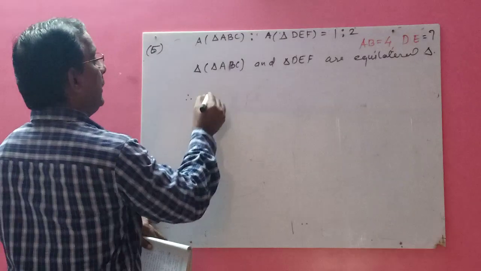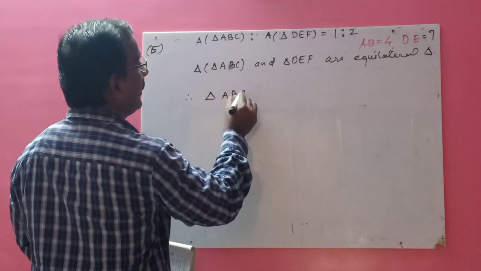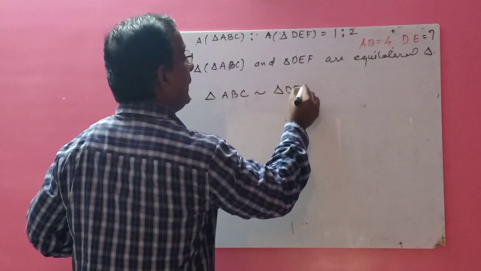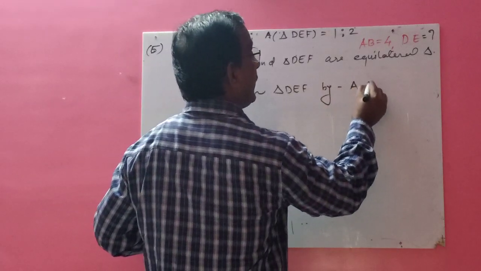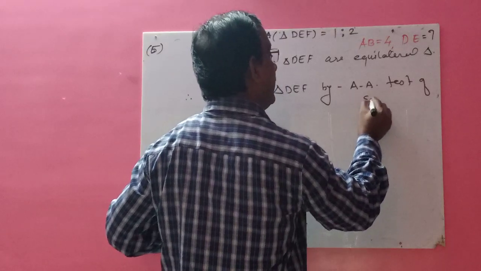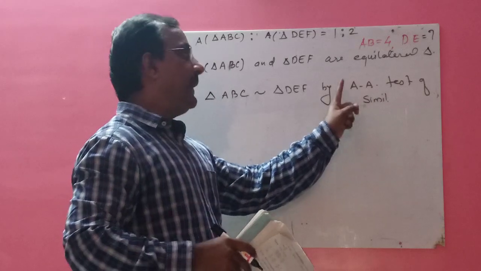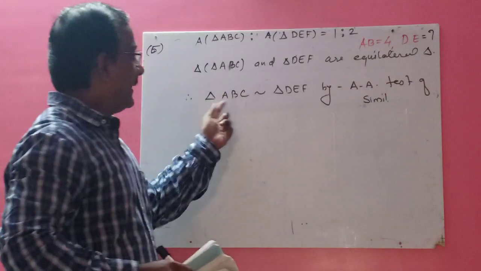Therefore triangle ABC is similar to triangle DEF by AAA test of similarity. By AAA test you can say, or by A test also. Understood? These two triangles are similar.